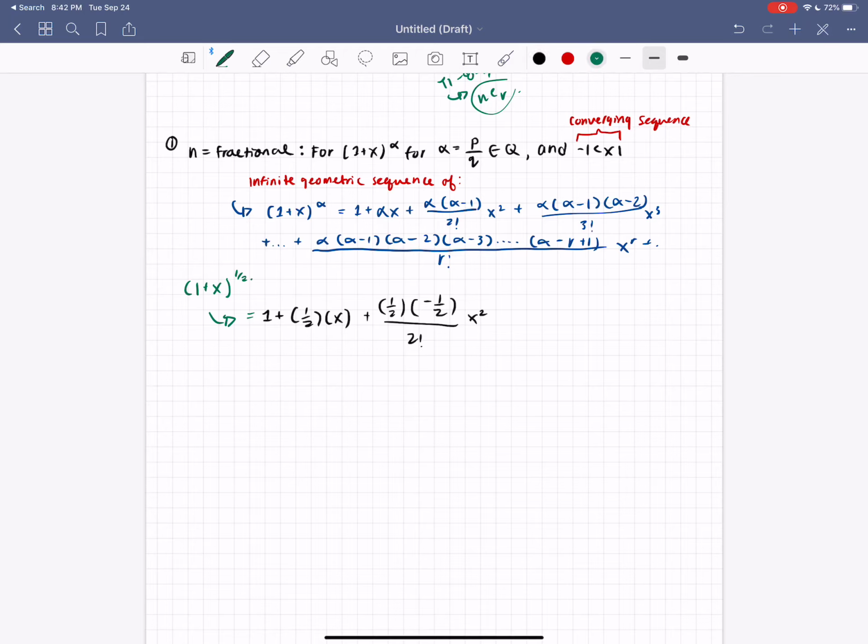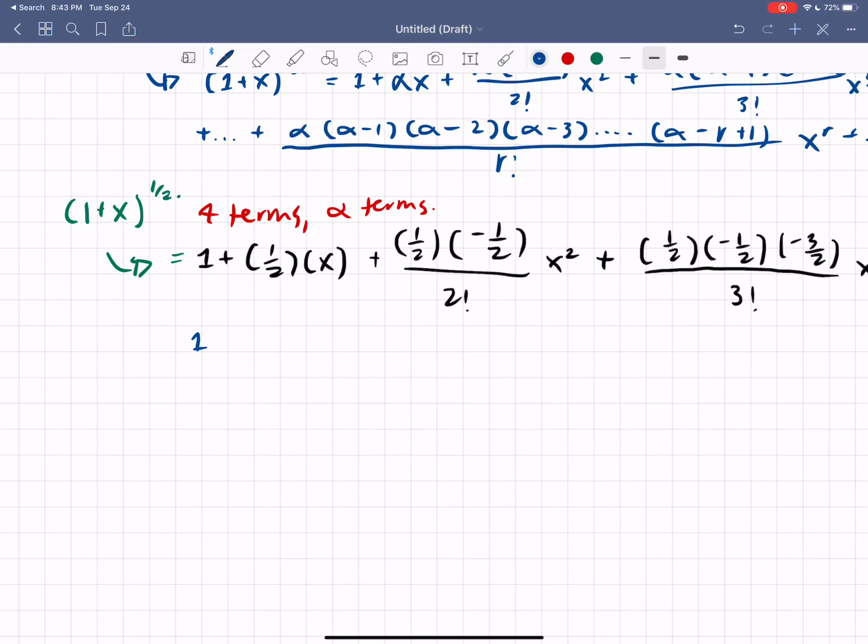And because it's an infinite geometric sequence, let's say we just want to find the first 4 terms, because in theory there are infinite terms. So the 4th term would have 1/2, negative 1/2, negative 3 over 2, with every subsequent multiple being subtracted 1 less, over 3 factorial x cubed.